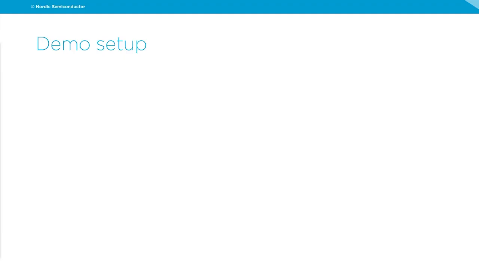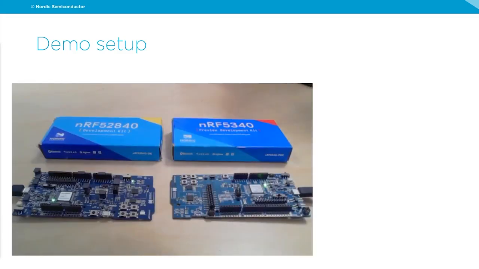We have prepared a demo for today, and this setup with the hardware looks like this. There's a board here which is advertising. It's running the application that we will go through and modify step by step.